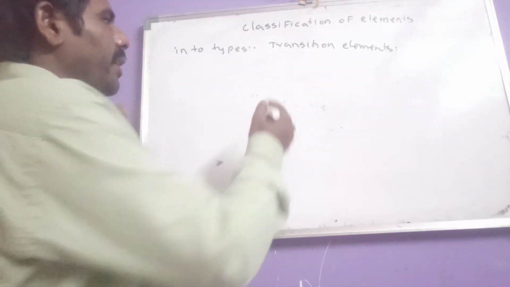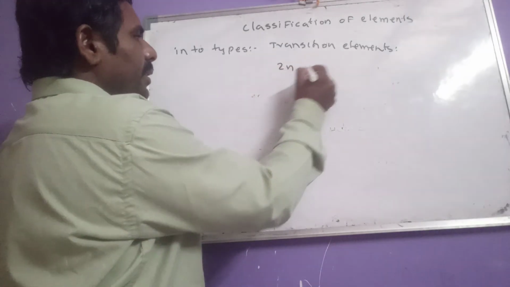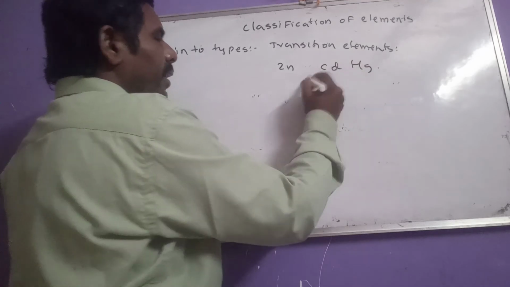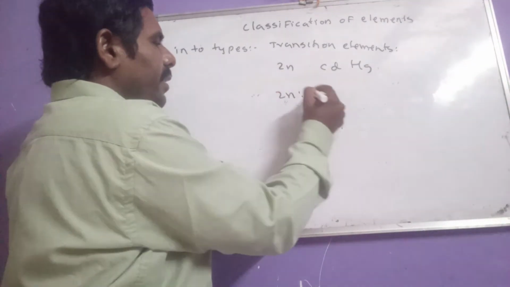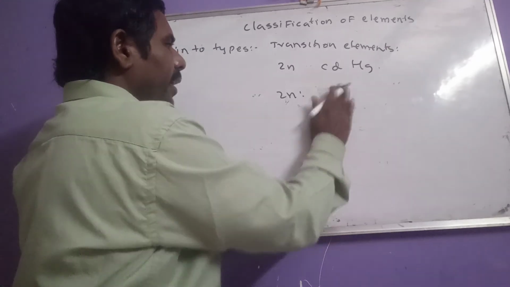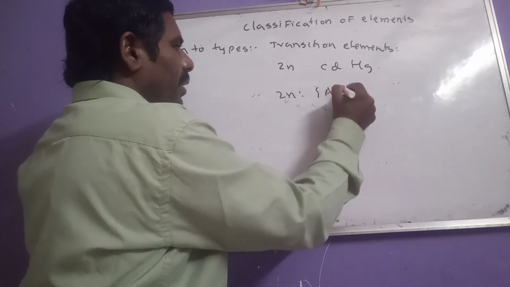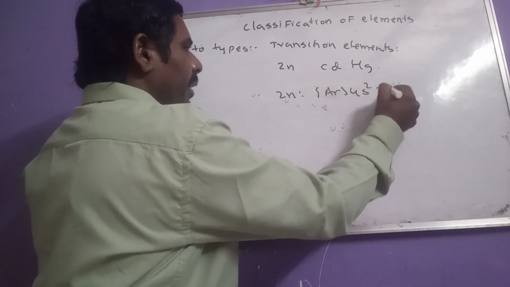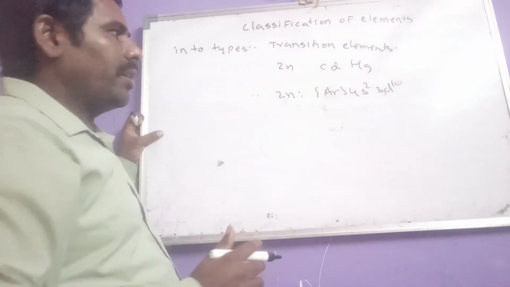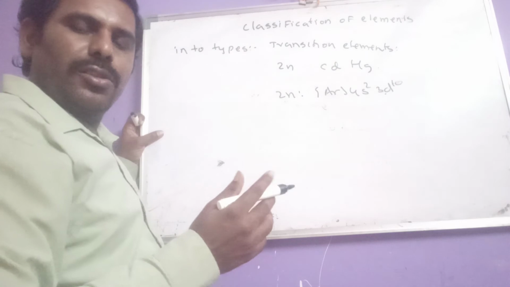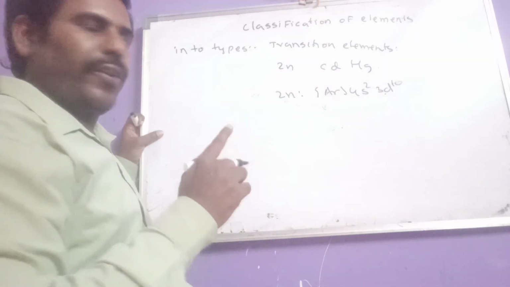Zinc, cadmium, mercury are d block elements only. Zinc's configuration is argon 4s2 3d10. 3d10 means no unpaired electron. So zinc lost one chance to enter the transition family.